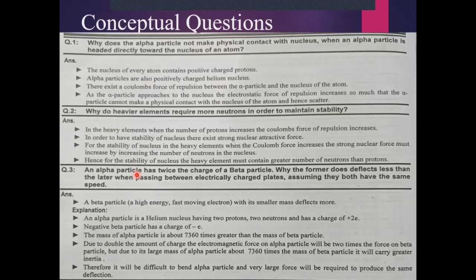So they have high momentum, and when they are bombarded on an atom, they do not get deflected. They move along a straight line unless they reach very near to the nucleus, where they get some deflection.